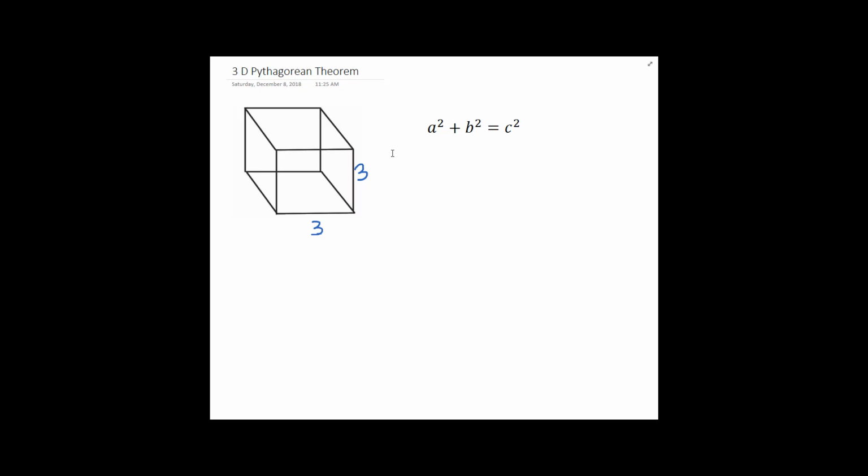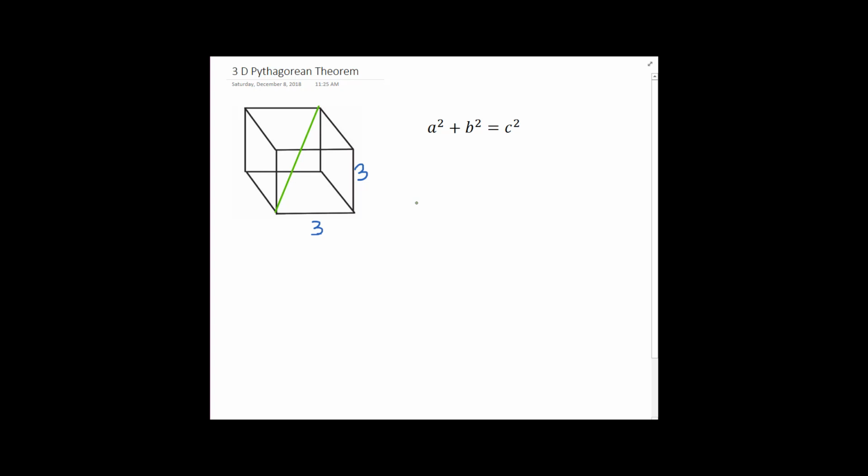So here we have this cube, and let's say that we want to know what the measurement is from this corner of the cube to this corner. It's kind of a diagonal across the cube, right? Your eyes will play tricks on you a little bit on this, but hang in there. So we want to know from one corner to the other corner.